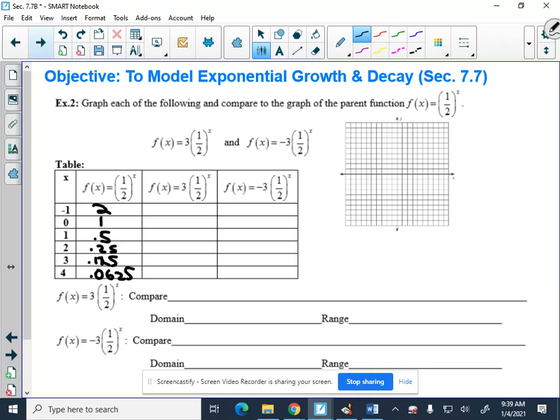But now what we're going to do is compare this to other graphs. What happens if I were to put a 3 in here? And notice, here, there's nothing. There's actually a 1 in front of the 1/2. Here, they've put a 3 in. What happens to all those numbers if I put them in?